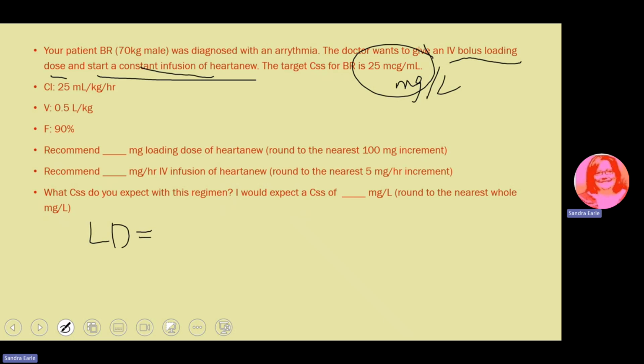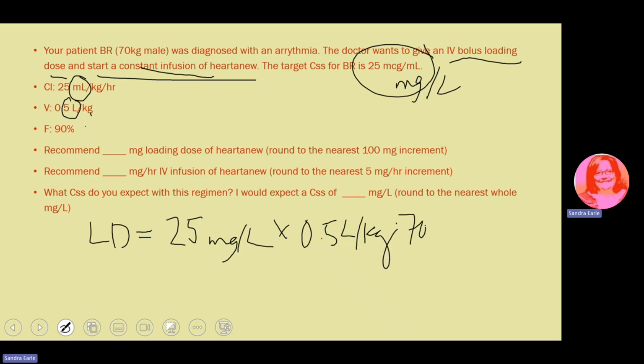As far as we know, there's no drug on board, so our target concentration is 25 milligrams per liter. We're in liters for our volume, so our volume is 0.5 liters per kilogram, and they weigh 70 kilograms.